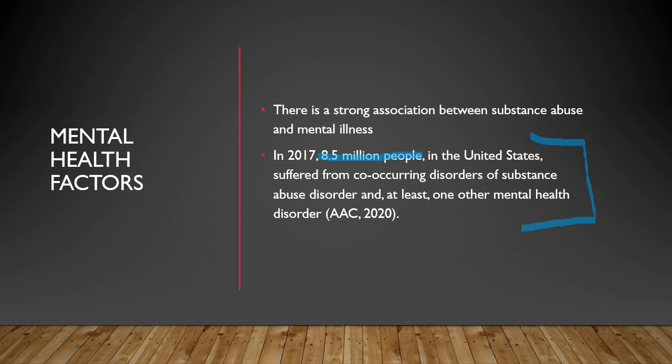So we're looking at almost half, not exactly half, but almost half of the people who suffered from substance use disorder also suffered from one other mental health disorder. That's a pretty large portion of people to be suffering from two disorders.